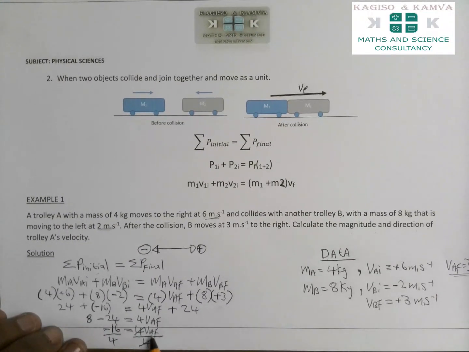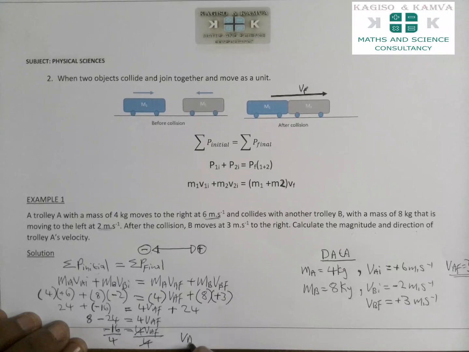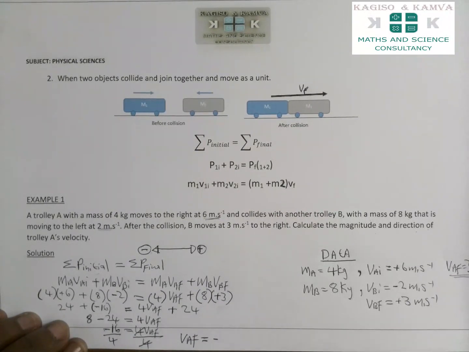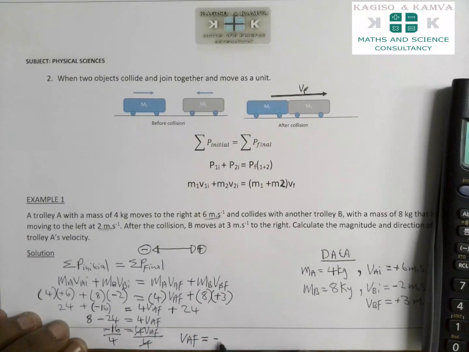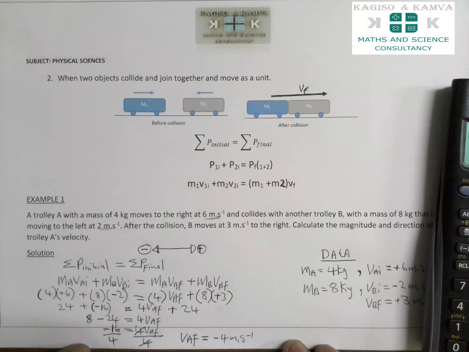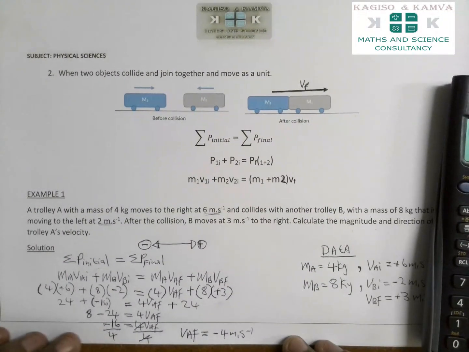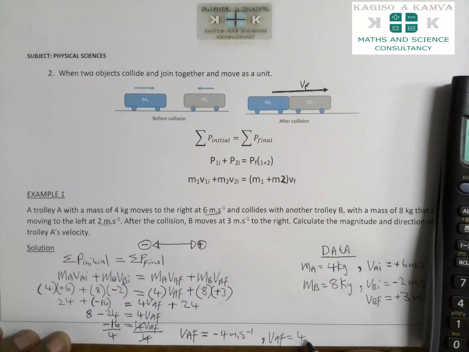Now VAF is going to be equal to negative 16 divided by 4, that will be negative 4 meters per second. So VAF is 4 meters per second, and the negative sign tells us about the direction.